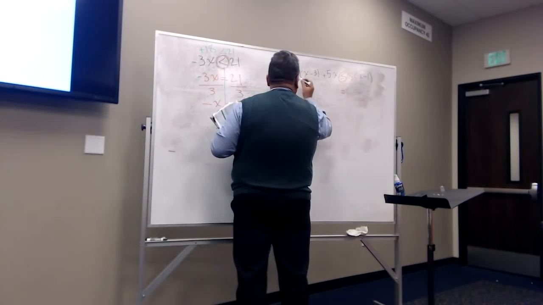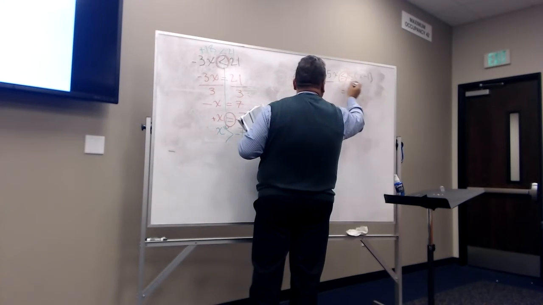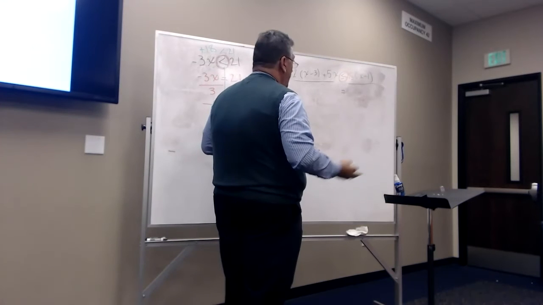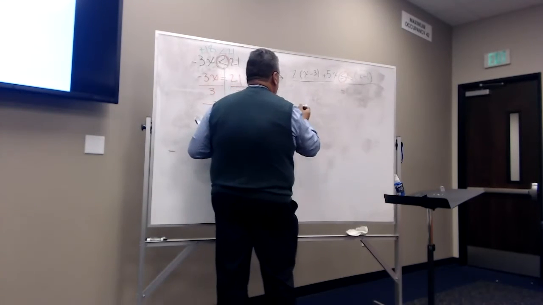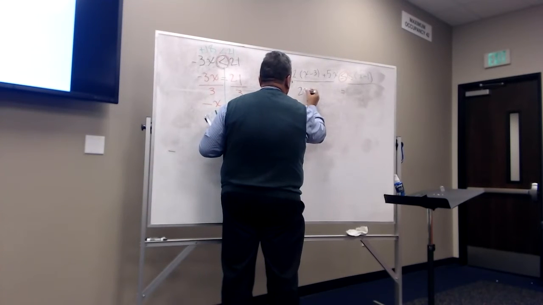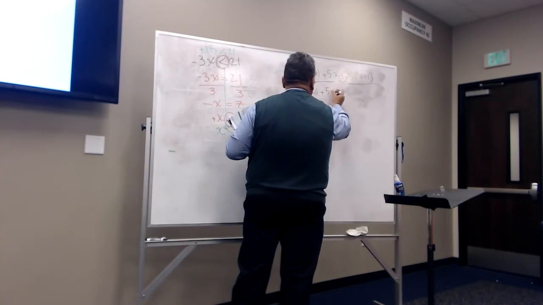So we have 2 times x minus 3 plus 5x equal to 8 times x minus 1. How do we solve it? Get rid of the parentheses. 2 times x, 2x minus 6 plus 5x.